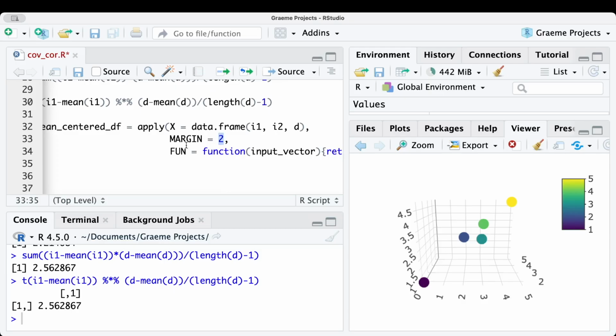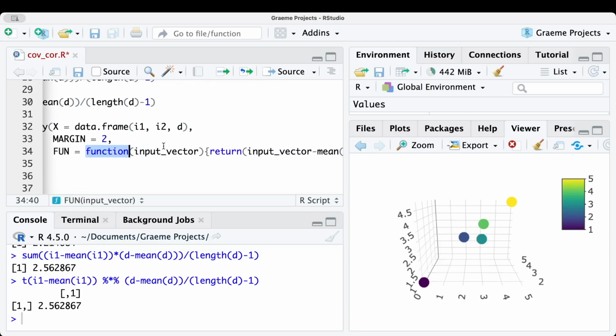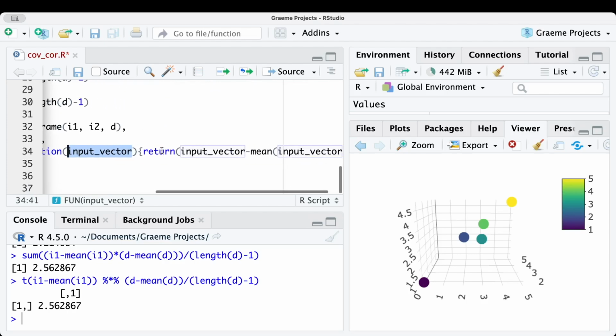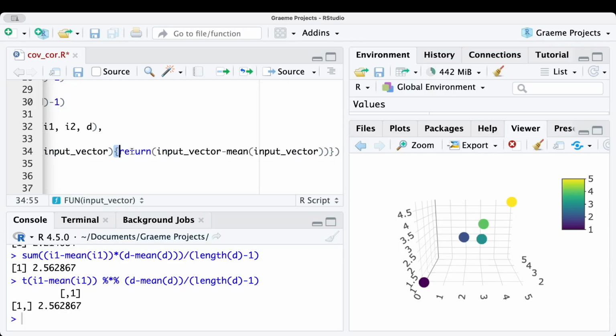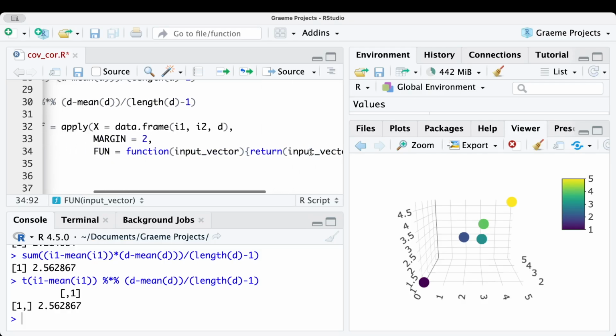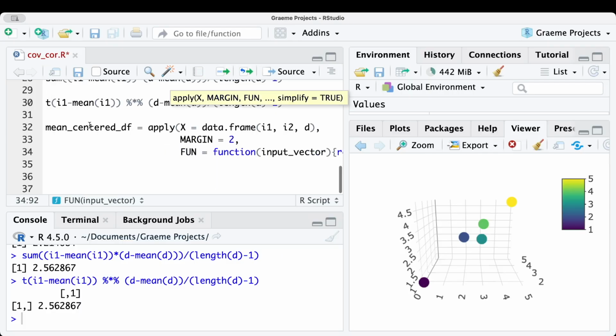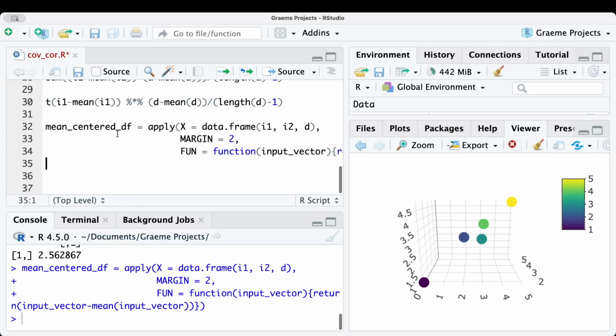And then we define the function here as well. The function is going to be defined as the function that takes in an input vector. And then we're going to use these curly brackets to indicate what goes in that function. And it'll return the input vector minus the mean of that input vector. So this will mean center our input vector. So let's just do that real quick.